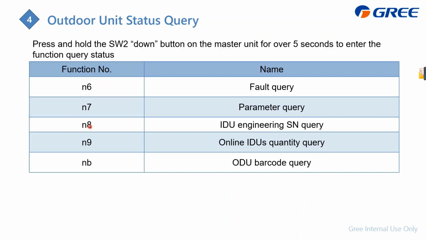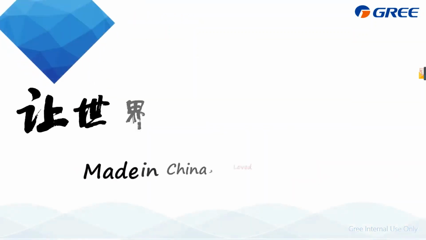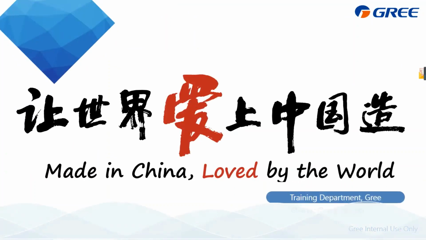N8 is engineering, which means we can set and check the address of the indoor unit. N9 is online indoor unit quantity checking. NB normally needs no such function. Okay, that's all for the commissioning part.